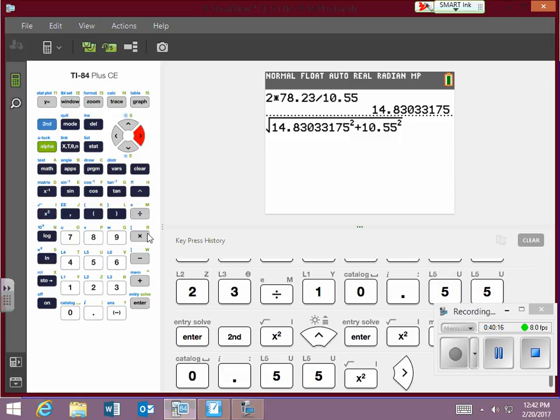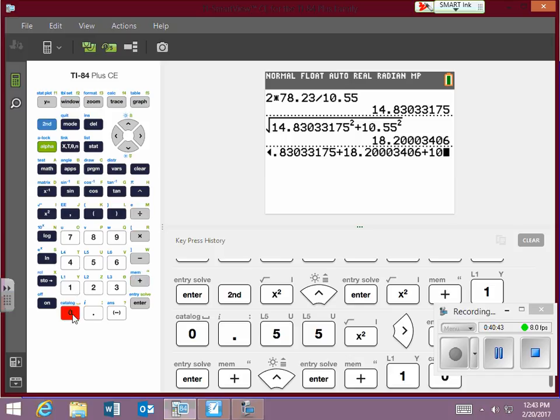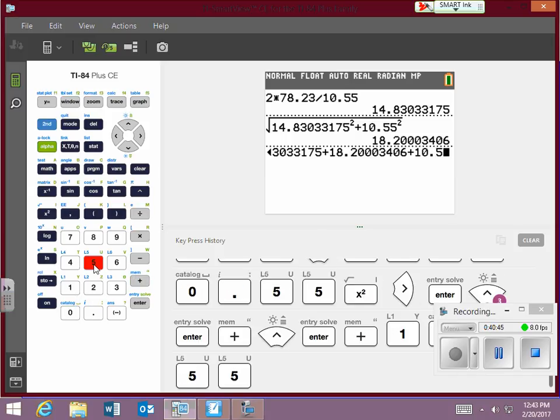Am I ready to hit enter? So that's C. Then the perimeter is the sum of this one plus this one plus 10.55. Is that right? Okay.